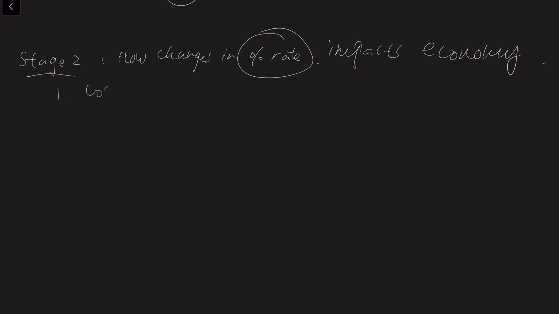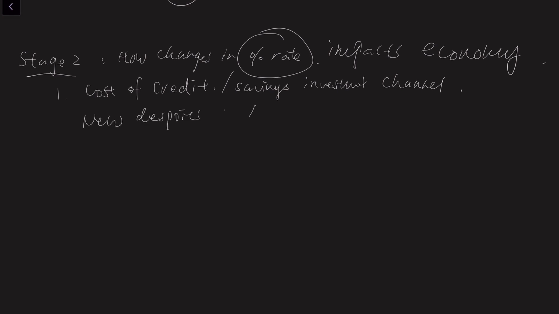The first channel is called the cost of credit, or the savings and investment channel. So this is about new deposits and new loans. The keyword is new, because for existing credit and savings, it is a different channel.